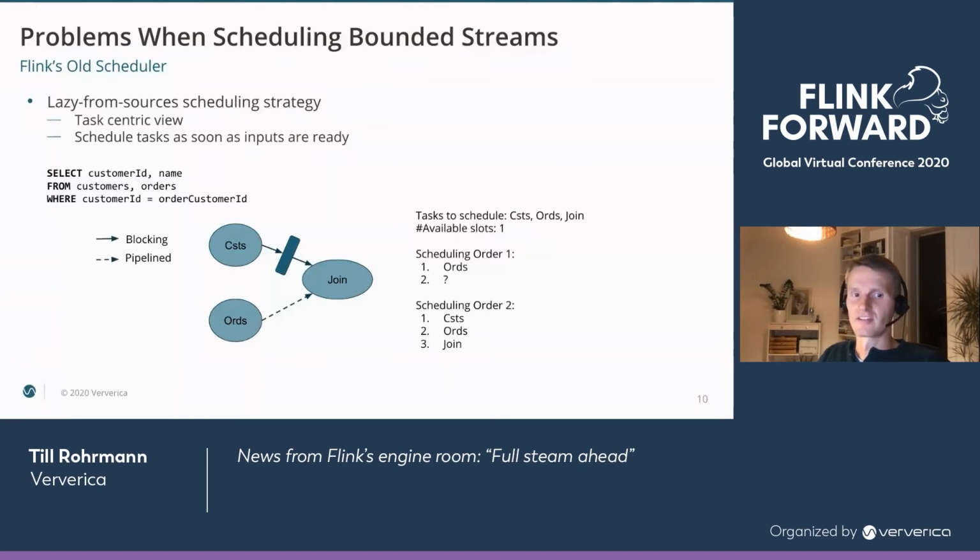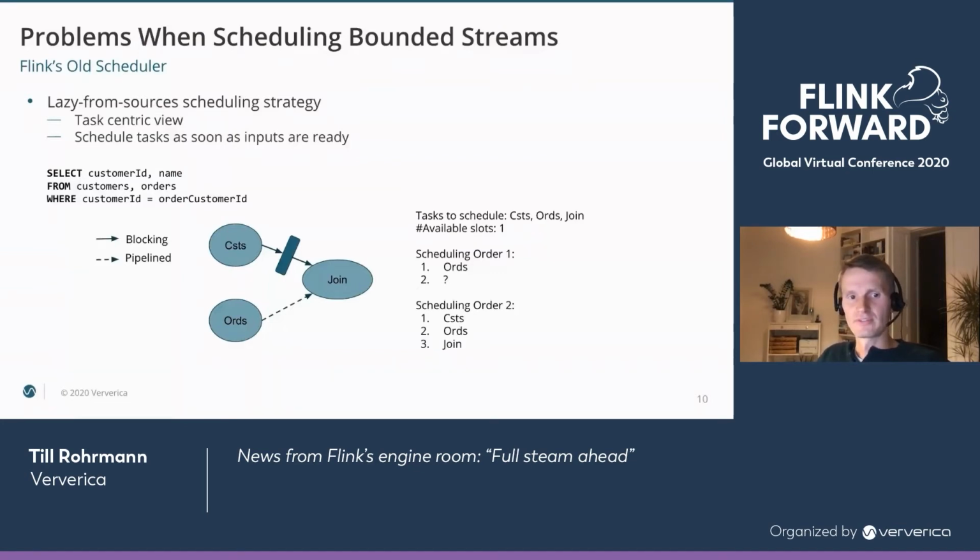As more and more tasks are being executed and complete, they complete the inputs for other tasks, which then become schedulable. The thing is that the scheduling strategy only takes a look at the task itself and its inputs. It does not consider other tasks which might need to be executed at the same time, and this actually leads to problems.